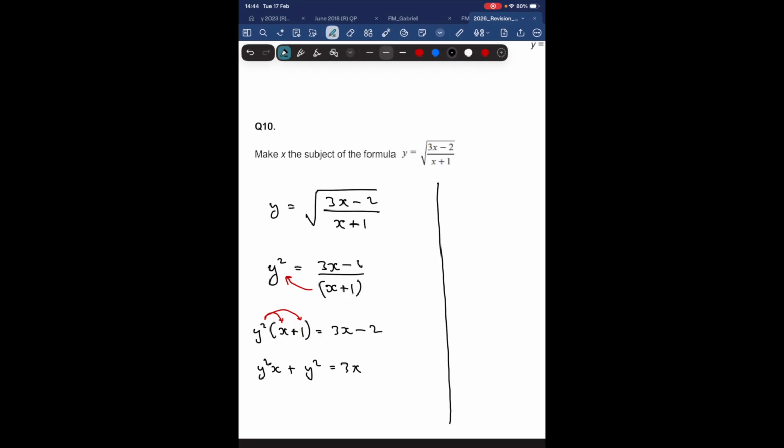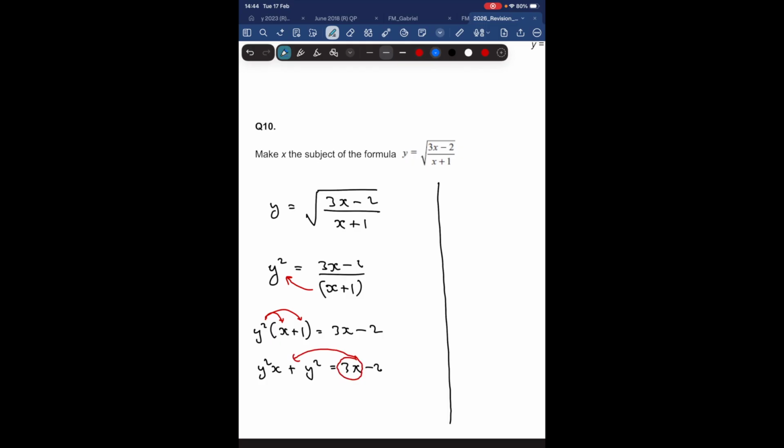equals 3x minus 2. Now, when you come to rearranging an equation or making something the subject, in this case x the subject, we follow the same steps as solving an equation. Because we want to get the x on its own, we want to bring all the x's to one side. So I'm going to bring this plus 3x over to the left.